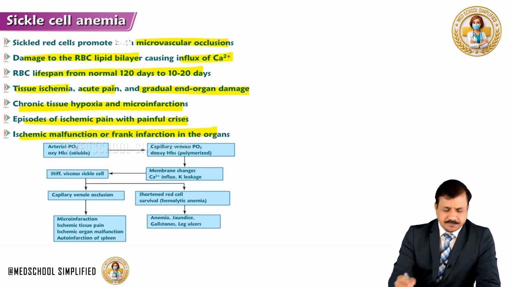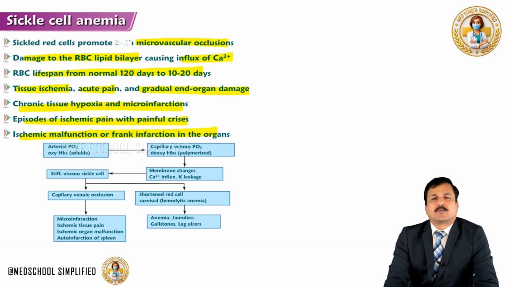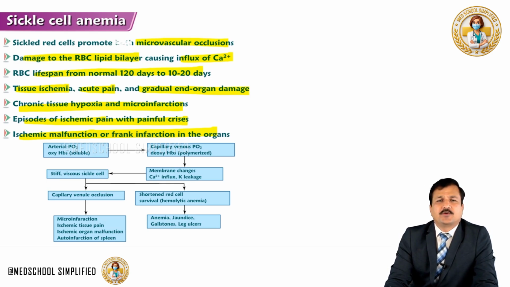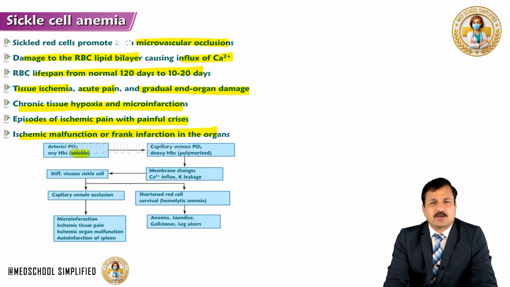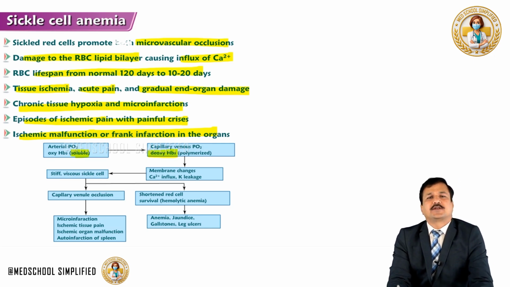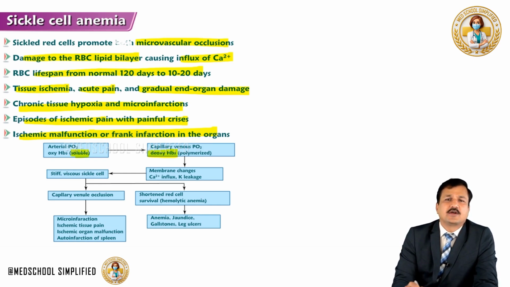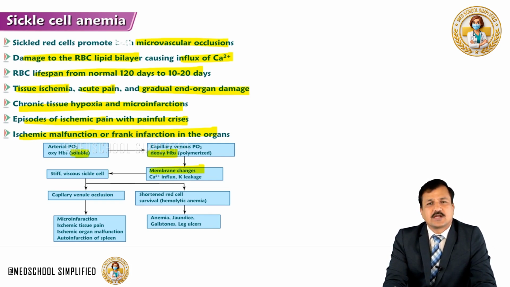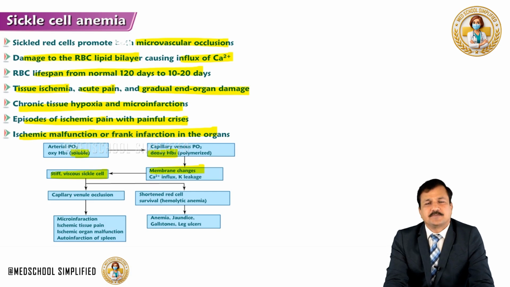So the flow chart here shows that whenever arterial partial pressure of oxygen is high, where hemoglobin is in the oxy condition, hemoglobin is soluble. Whenever hemoglobin goes into the deoxy state, it will lead to the polymerization process, and that leads to sickling of the red blood cell and membrane changes, which include calcium influx and potassium efflux, and that leads to viscous cytoplasm and also sickling of the red blood cell.